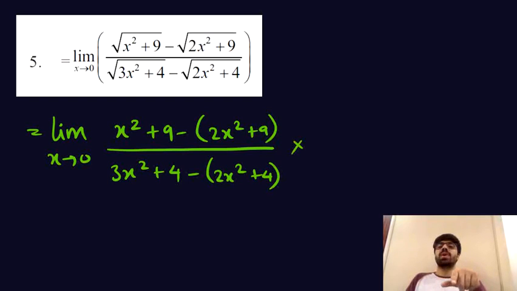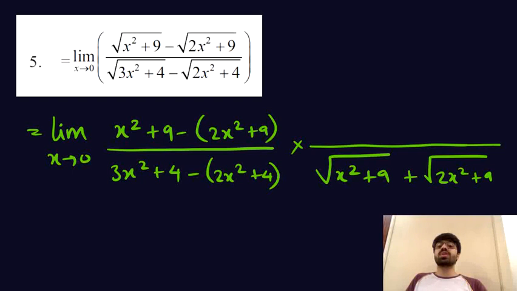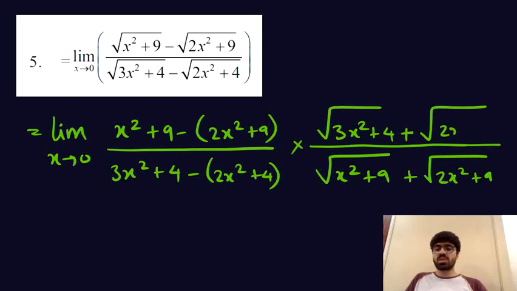The rationalized part of the numerator term got combined in the numerator. So the leftover part of the numerator is what you will see in the denominator. So in the denominator it will be root over x square plus 9 plus root over 2x square plus 9. And in the numerator you will have the leftover part of the denominator. So that will be root over 3x square plus 4 plus root over 2x square plus 4.